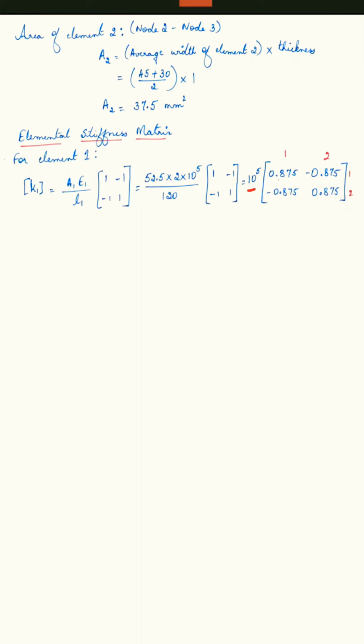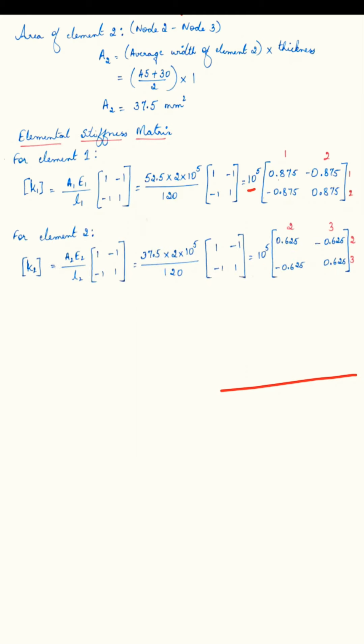Now we'll calculate the stiffness matrix for element 2. So for element 2, k2 equals A2 E2 by L2, times 1 minus 1 minus 1 and 1. Since the area is now different, we'll take the value of elemental area 2, which is 37.5 millimeter square, which I have just obtained by calculating the average width over element 2, and multiply this with the elastic modulus E, which is the same.